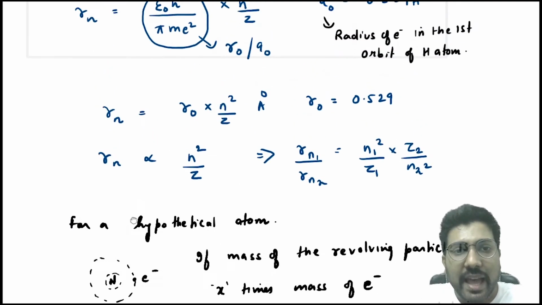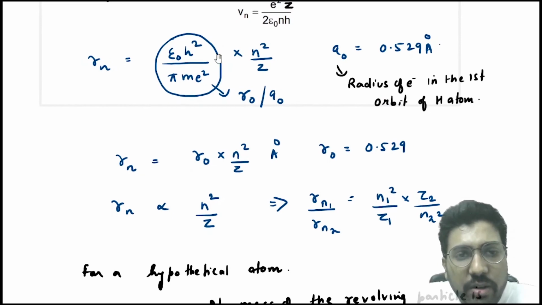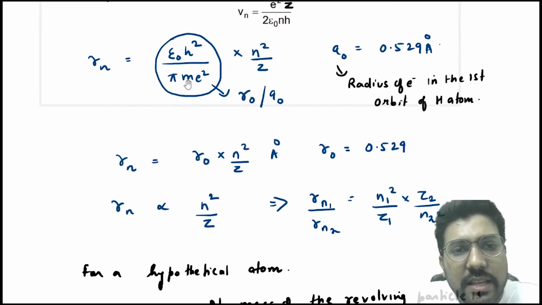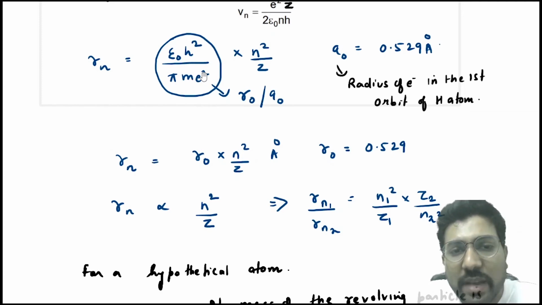Now the answer lies here, R naught. You can see that this R naught is inversely proportional to me square. Now instead of m, if I write xm, and instead of e, if I write ye, then epsilon naught h square by pi me square will remain intact, but there will be one new term, xy square.